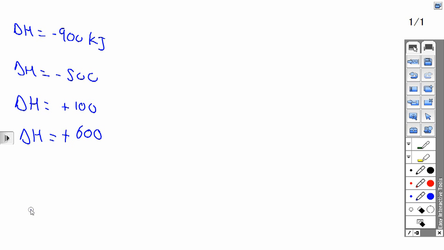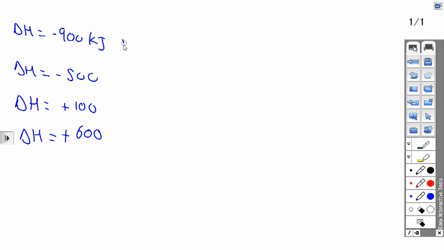Which reaction gives the most stable products? The reaction that has the highest negative value produces the most stable product, because the highest negative value means the difference between reactant and product is very high, so the energy of the product is very low, so the reaction produces a very stable product.